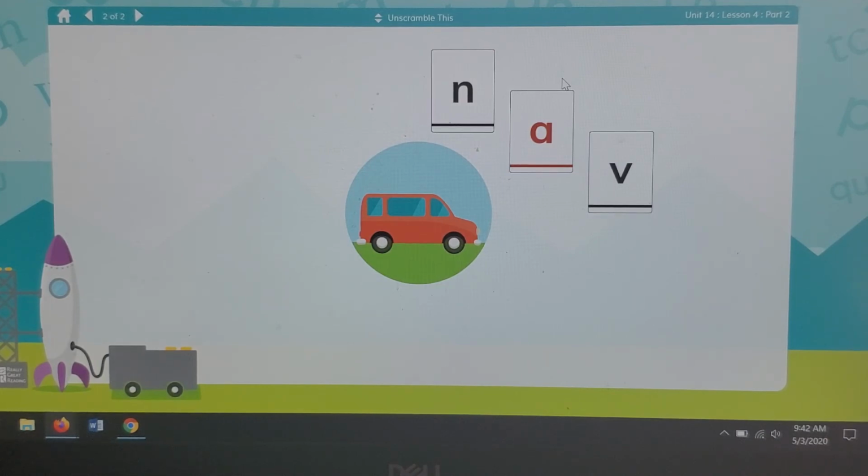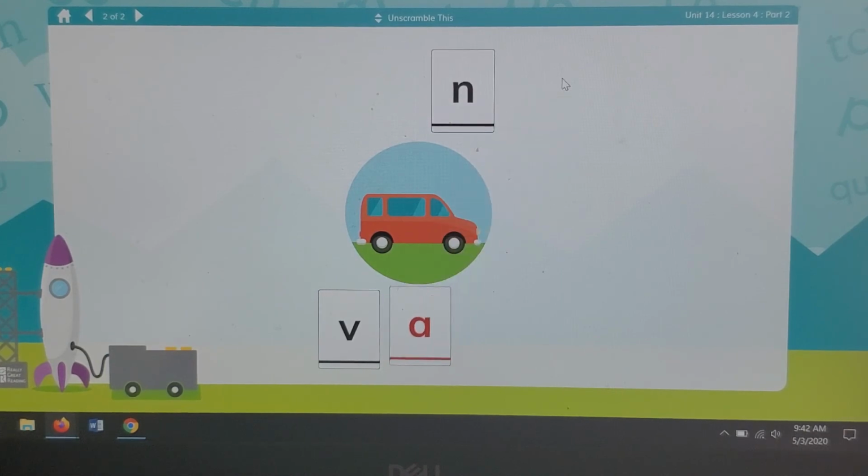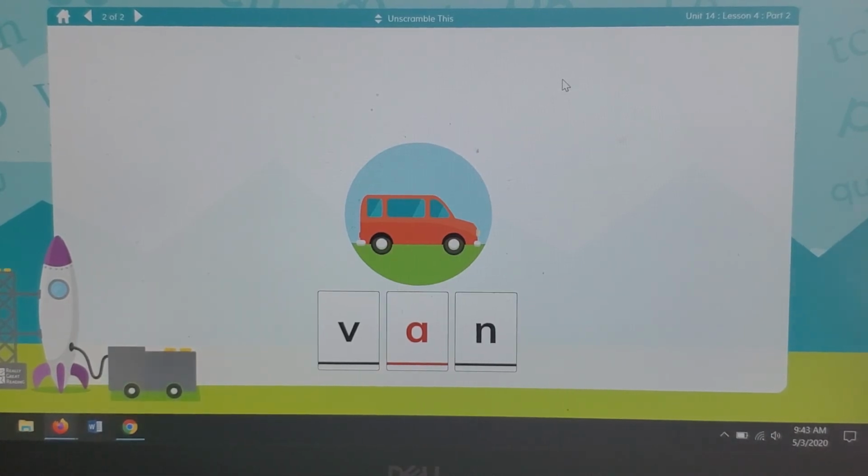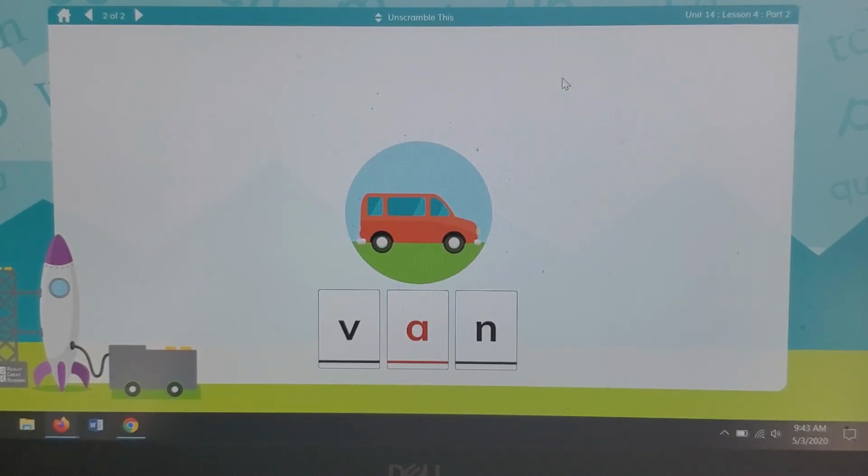Next, we have van. Let's say the sounds. V, a, n. Now, parents, if you hear the teacher saying closed syllable or CVC words, this is an example of that. If you hear a CVC word, that means consonant, vowel, consonant. So in this case, the black letters are consonants, the red letters are vowels. A closed syllable is a word that has one vowel followed by one or more consonants.